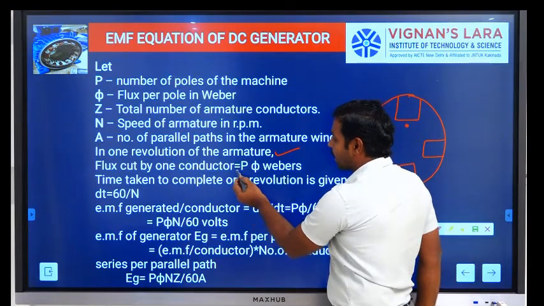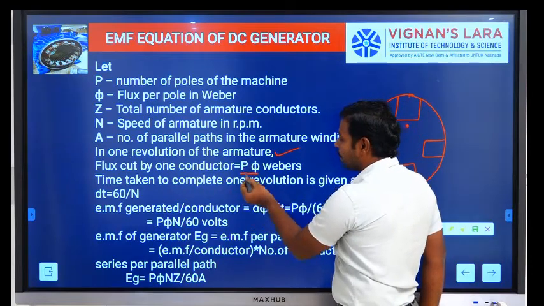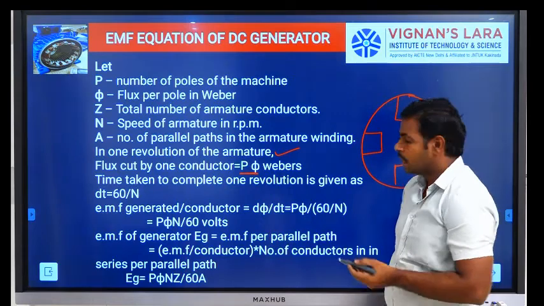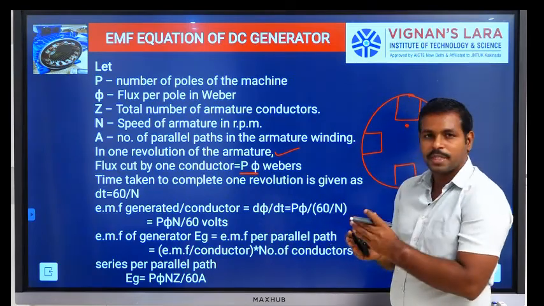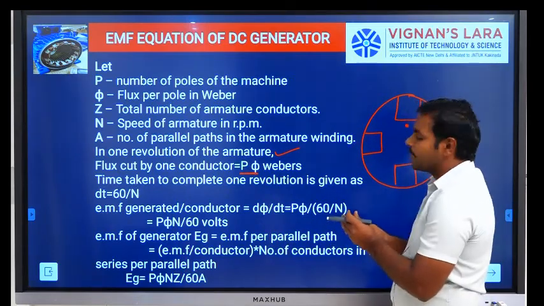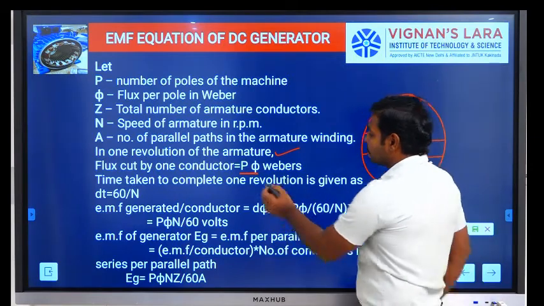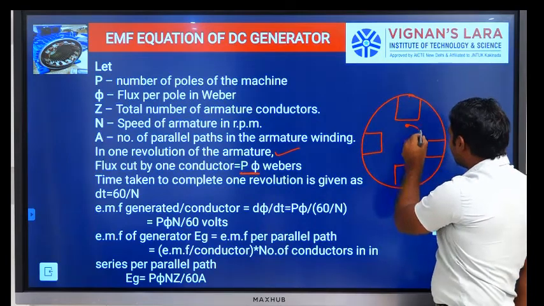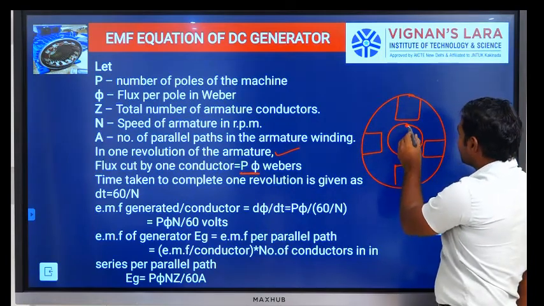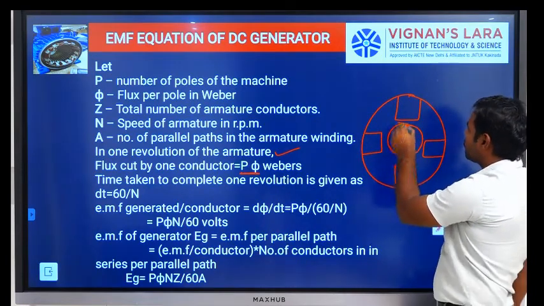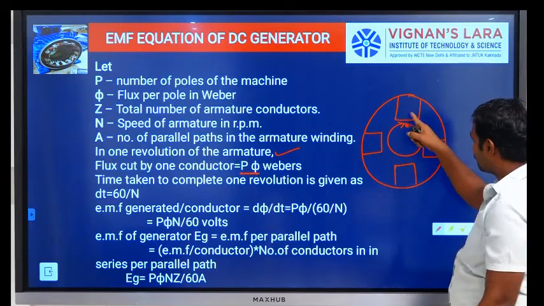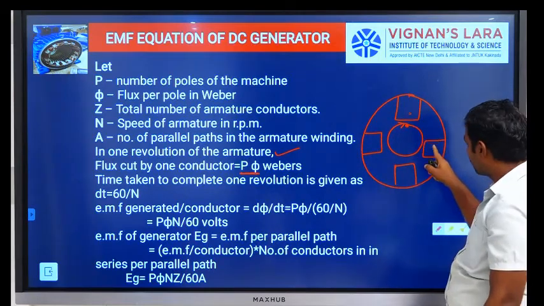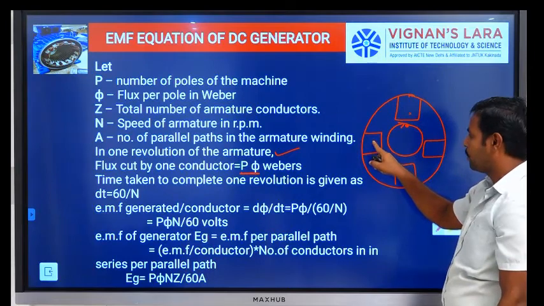The flux cut by one conductor is equal to P into phi, because each pole generates flux phi. For completing one revolution, the conductor covers the 4 poles, in this direction: pole 1, pole 2, pole 3 and pole 4.